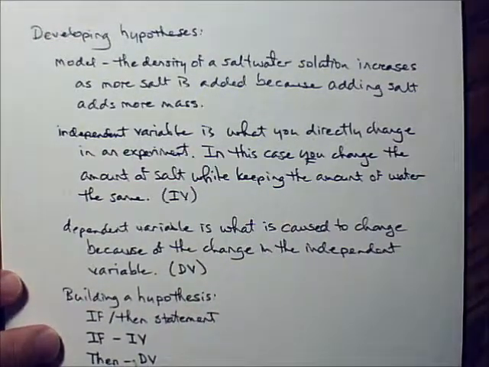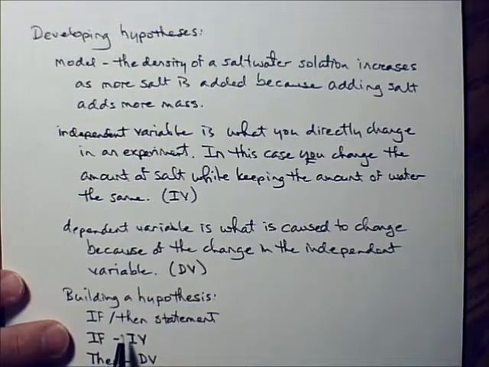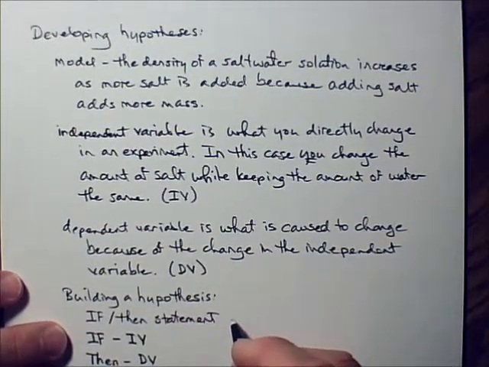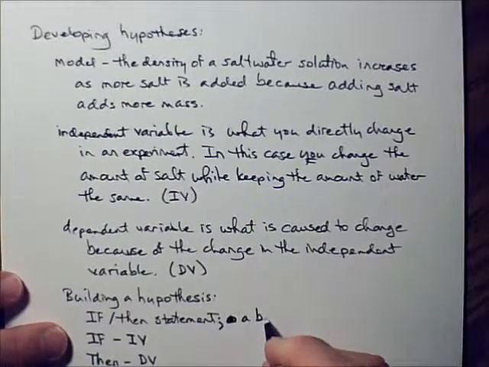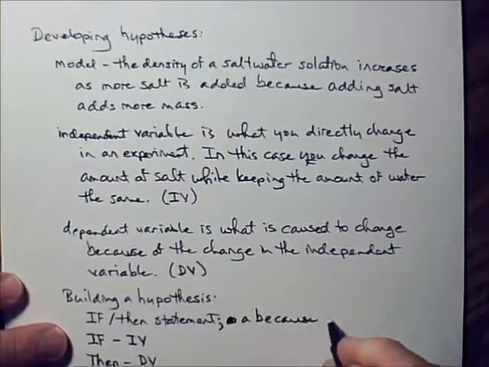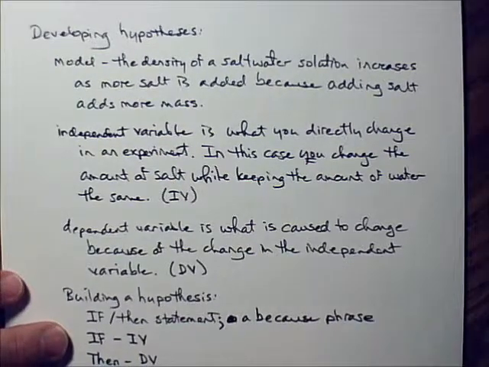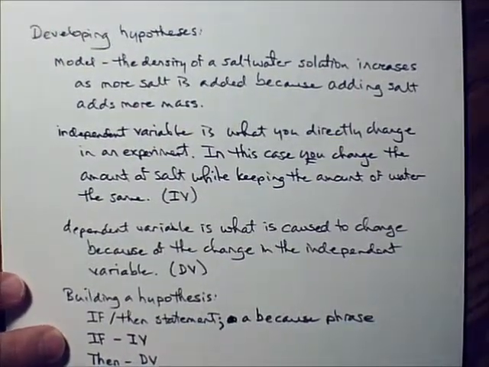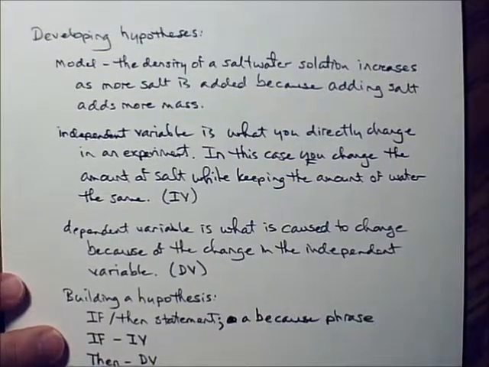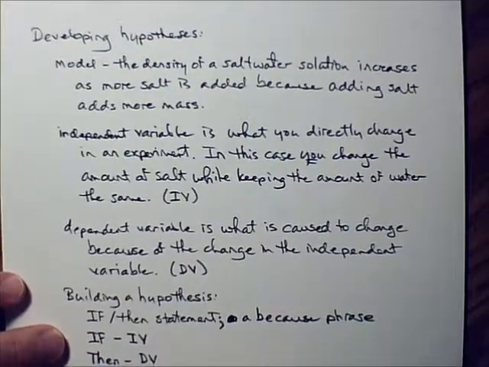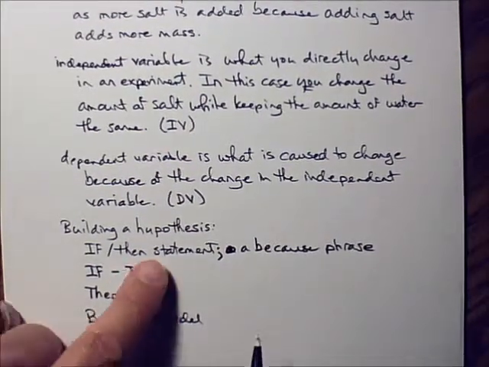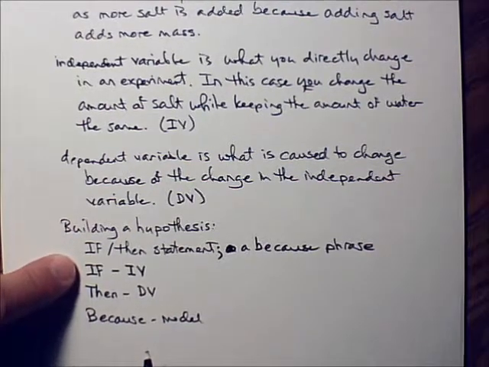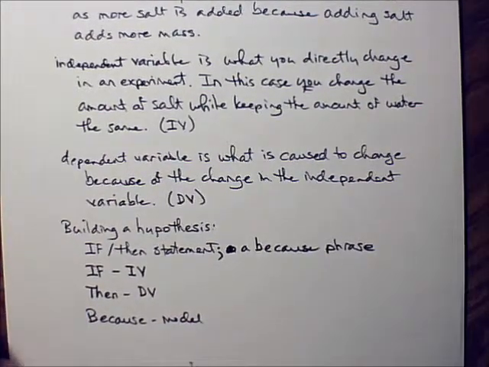But the structure of the hypothesis also has to have a because phrase, and the because part of it is the model. Okay? You have to have an if-then statement, you have to have a because phrase in your hypothesis. If independent variable, then dependent variable, because is the model.